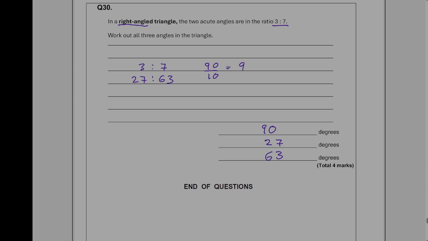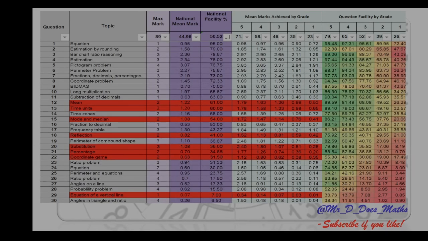Okay, and that brings us to the end of the paper. Before I end the video, I'll just bring up the grade boundaries, although that's for the predicted paper, not the shadow version, but it'll give you an idea. So that's the question level analysis that I produced the original paper from.